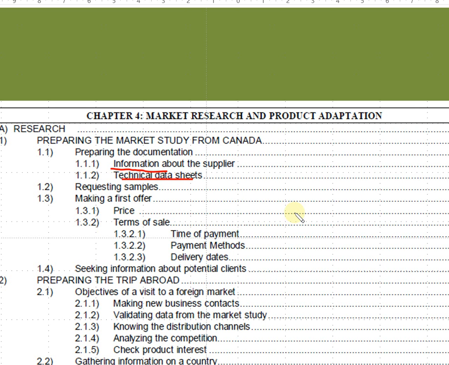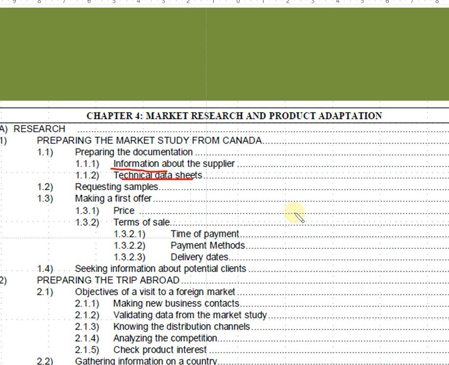We have the preparations by this procedure. Okay, seeking information on the potential client, and once you arrange the meetings with your potential clients, you need to prepare for a trip abroad to meet them, to have the meetings on their site.